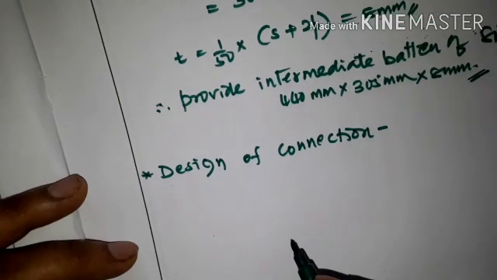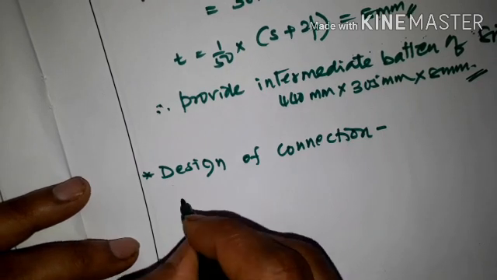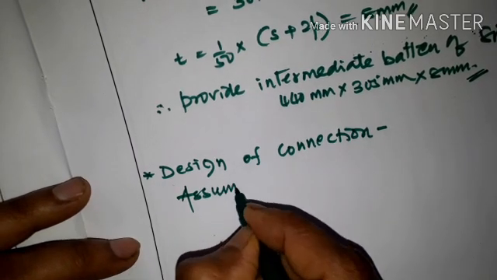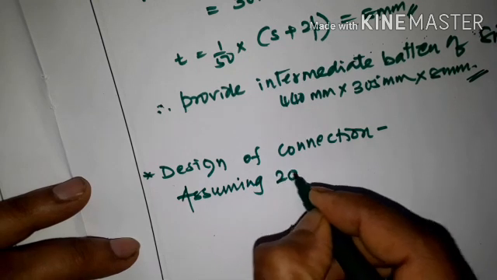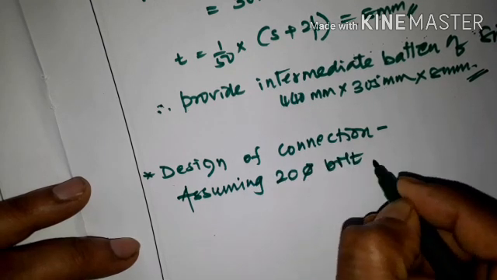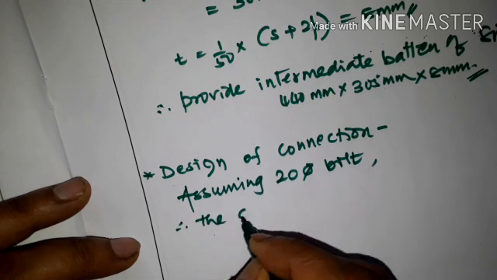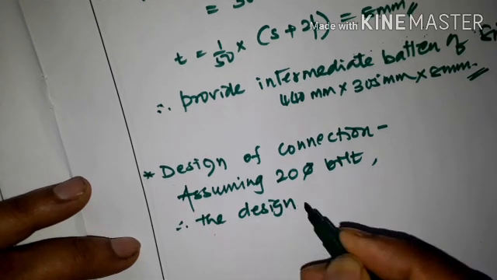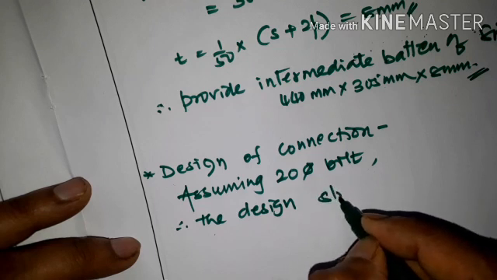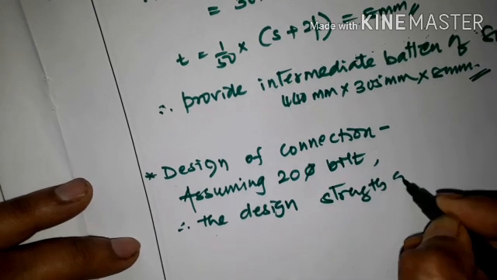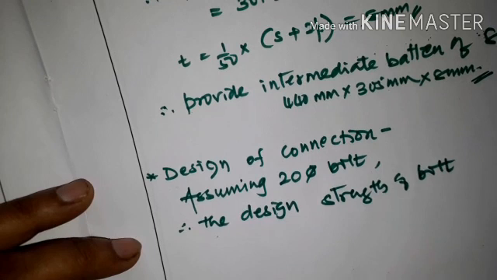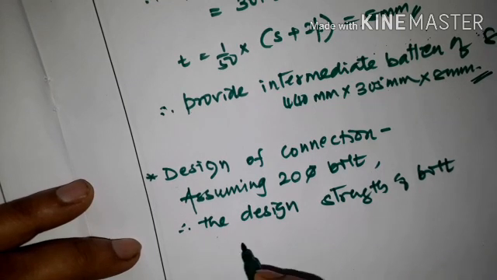Design of connection में आपको क्या करना है? Then again, assuming 20 dia bolt. Okay. So therefore what will happen? So the design strength of bolt, you have to find out.